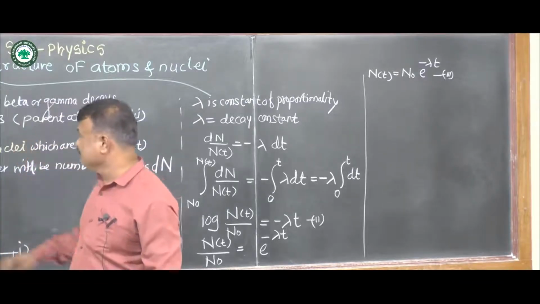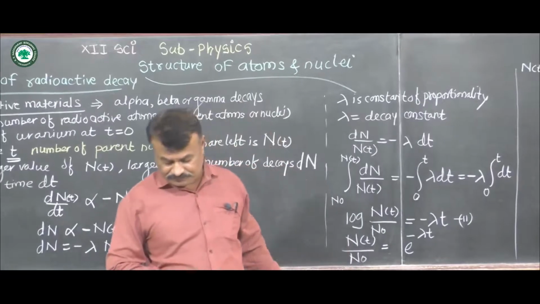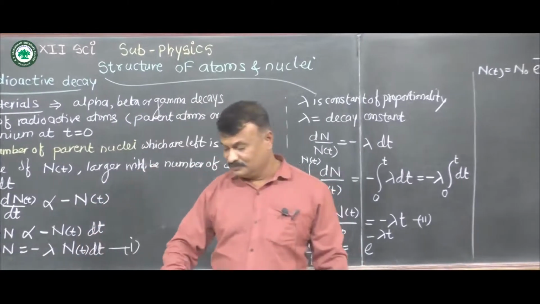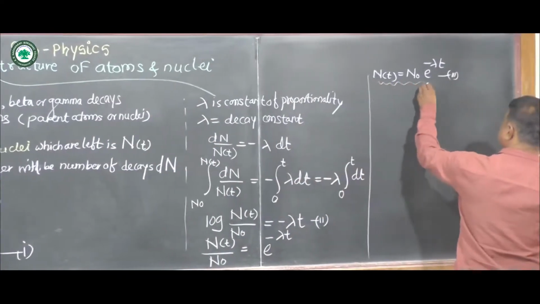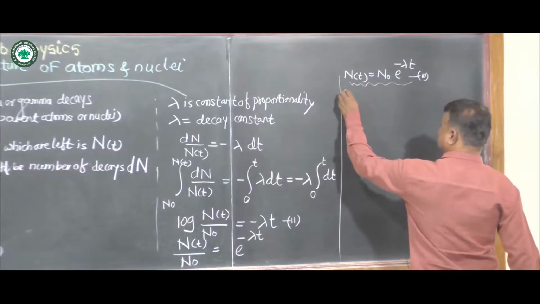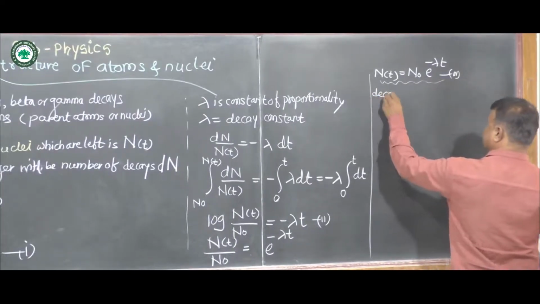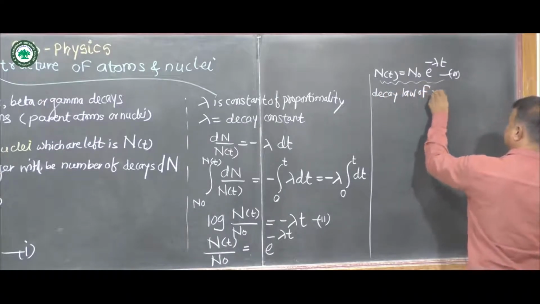As you know, this N0 is the number of radioactive atoms. This equation 3 gives us the decay law of radioactivity.